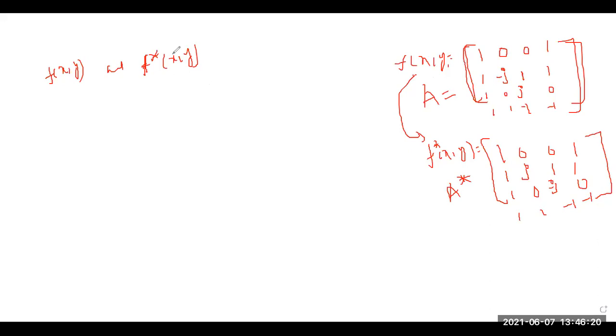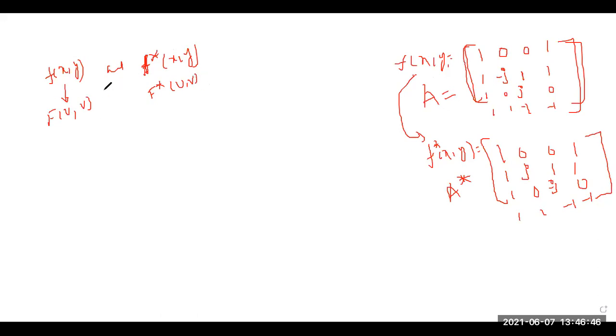So what I am saying now, if f of xy is the original signal and f star xy is a conjugate signal, then f of uv is nothing but the Fourier transformation of the original signal, and if I write f star of uv, it is the conjugate signal of this one.